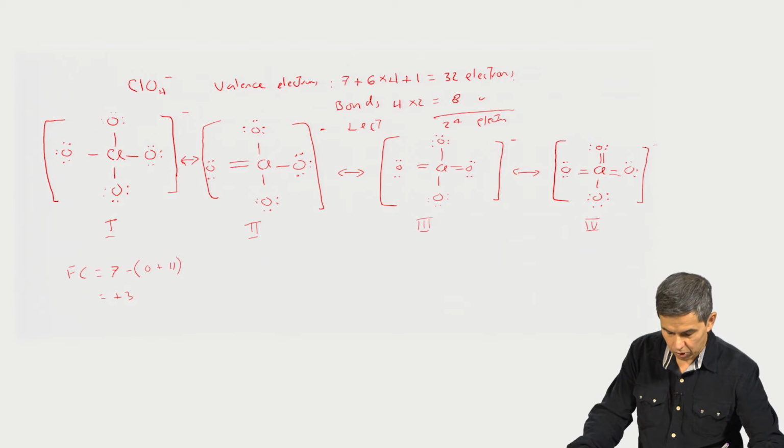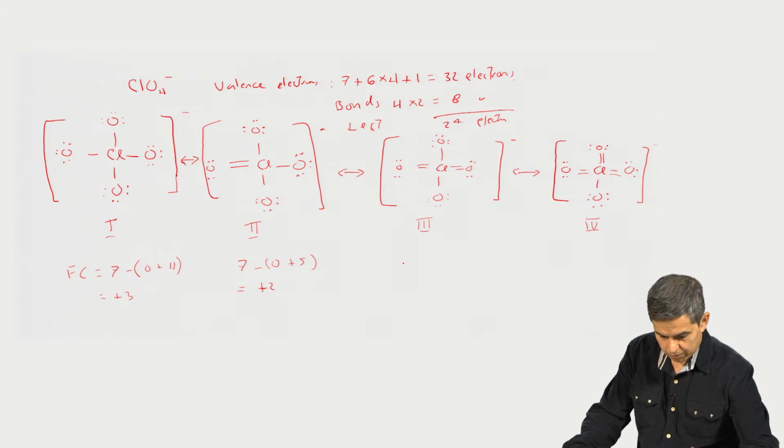For the next structure, we have 7, again no lone pair of electrons, minus 5, which is equal to plus 2.